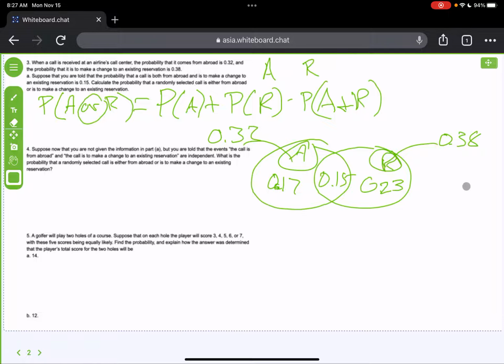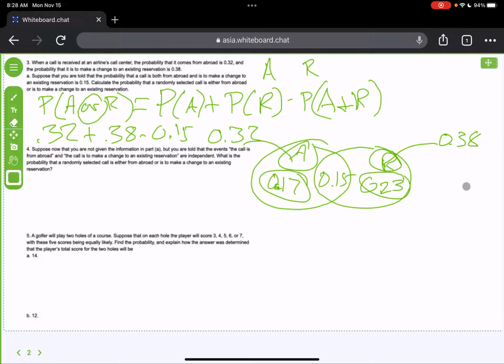Now, what is going to be your answer? Well, technically, you don't even have to do that here and here. That's just how you would do it if you want to look at it in a Venn diagram. We already know our values. A or R is 0.32 plus 0.38 minus 0.15.